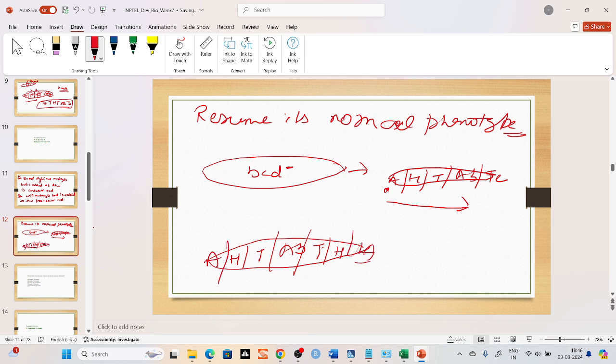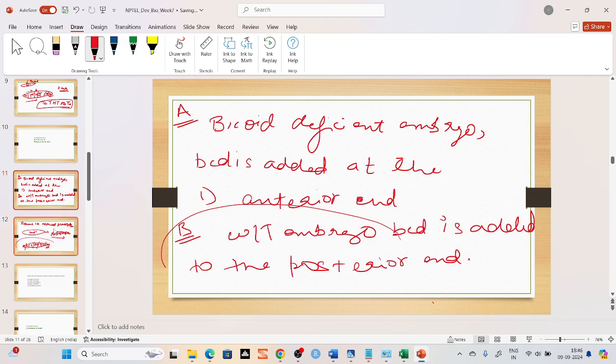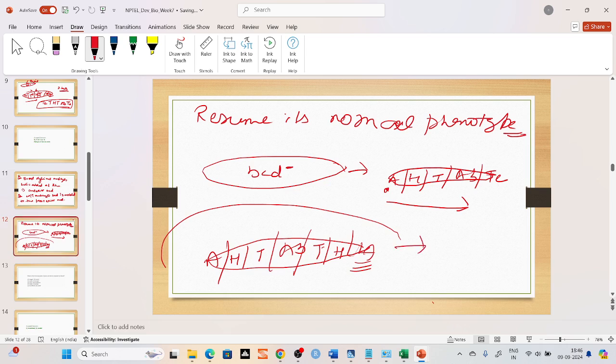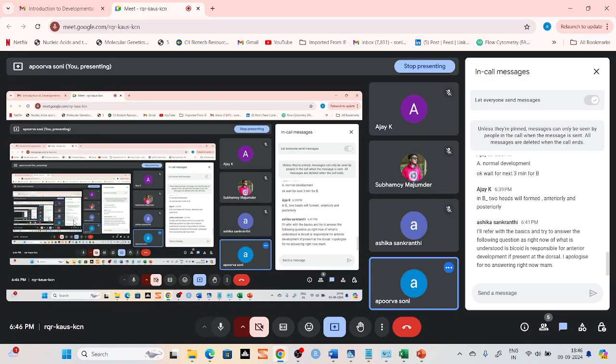No telson formation takes place. That means this embryo has a phenotype with two heads. Even if you're getting a basic understanding, it's fine for me.